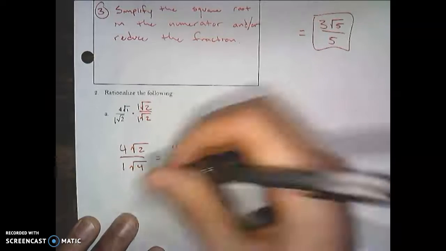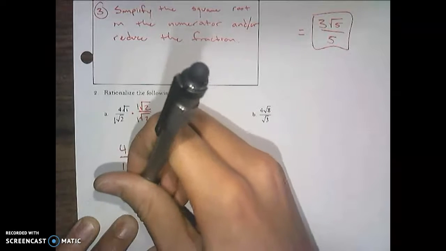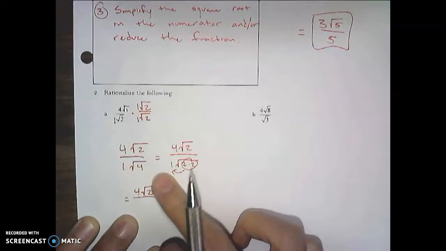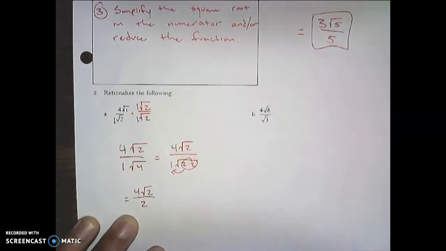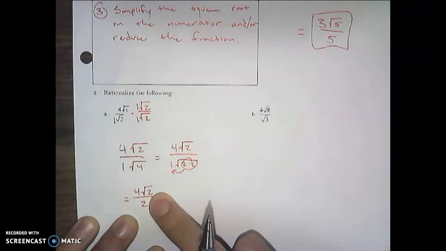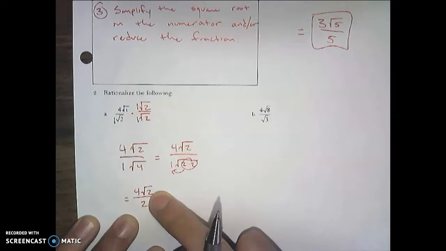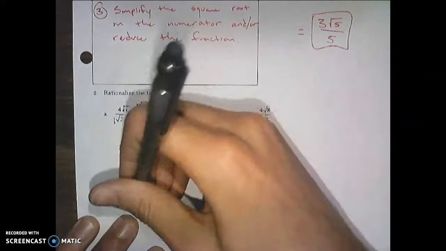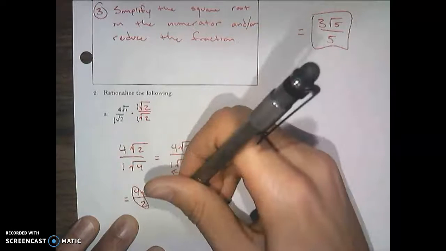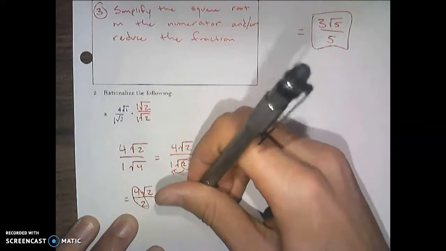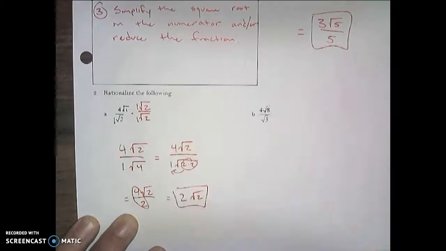And then we have 4 root 2 over 1 times 2, which is 2. Our last step, we simplify the square root in the numerator. Can we simplify a square root of 2? No, we cannot. And then we reduce the fraction. So we're looking at this here, 4 over 2. That reduces to 4 divided by 2 is just 2. So our final answer is 2 root 2.